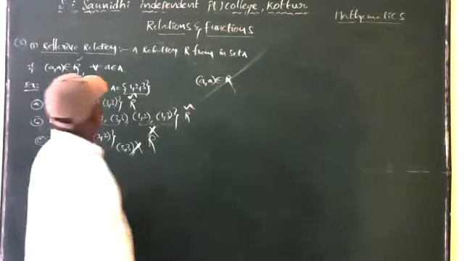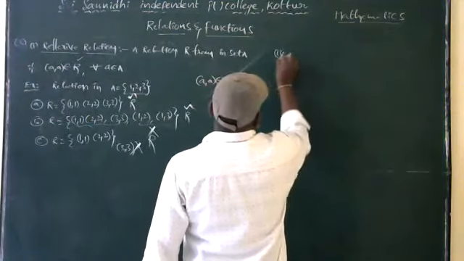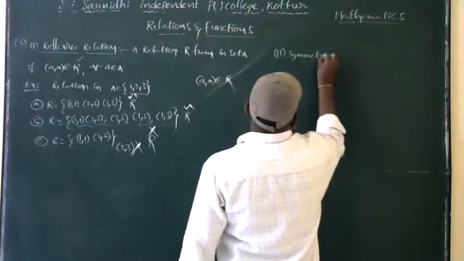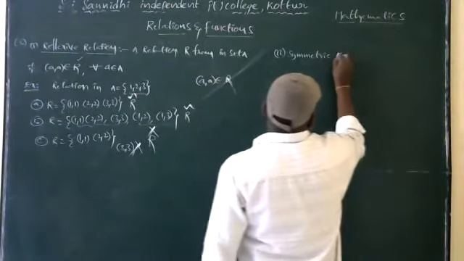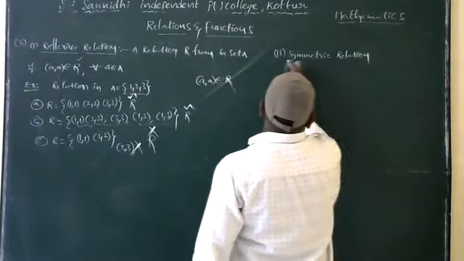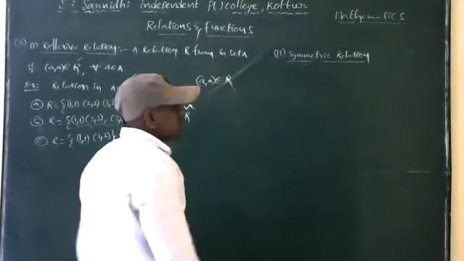After that, the second one is symmetric relation. What is meant by symmetric relation? Right. See here.